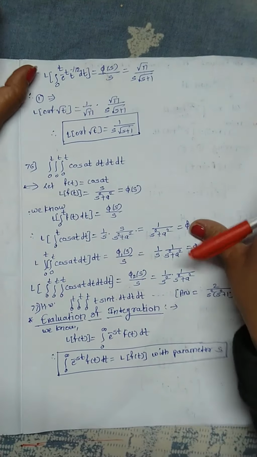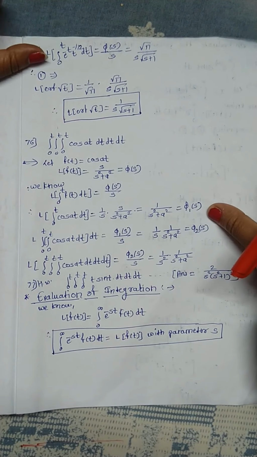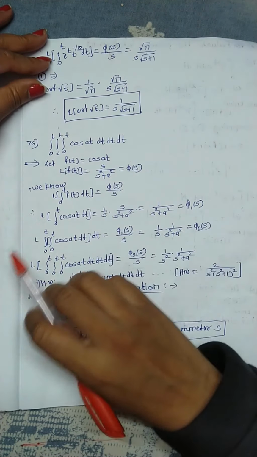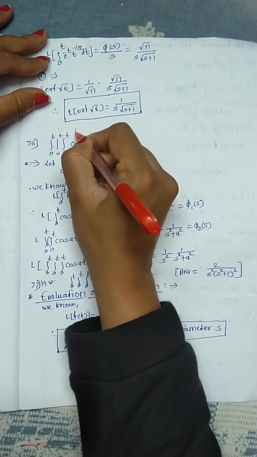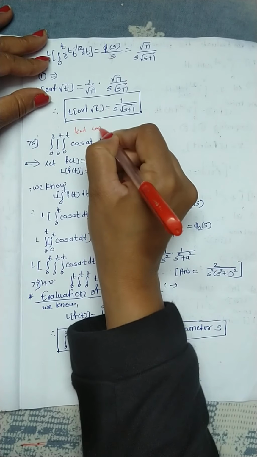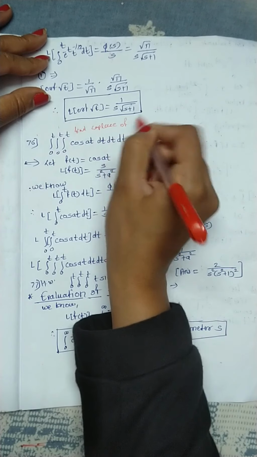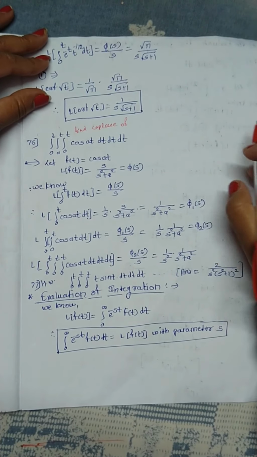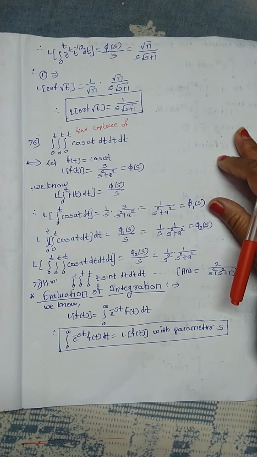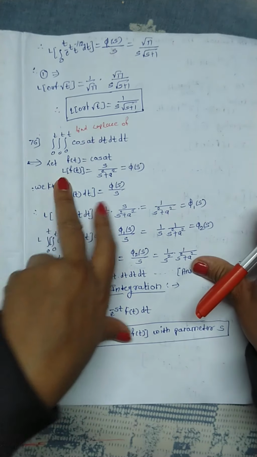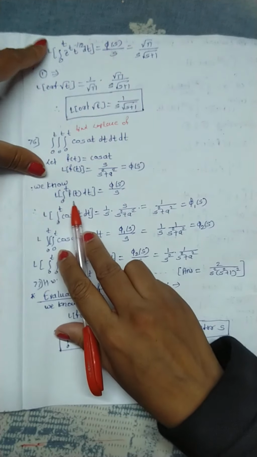Okay, now consider the next special example of Laplace transform of integration. Question is the same: find Laplace of this triple integration. The only example where triple integration is there. It is a very easy example. If single integration is there, what is the formula?